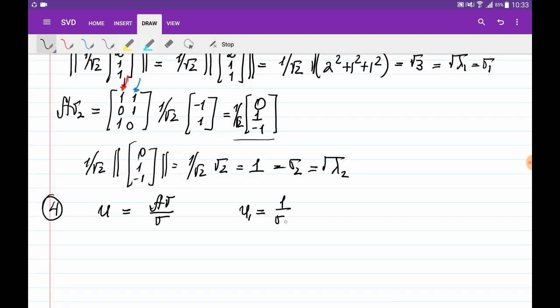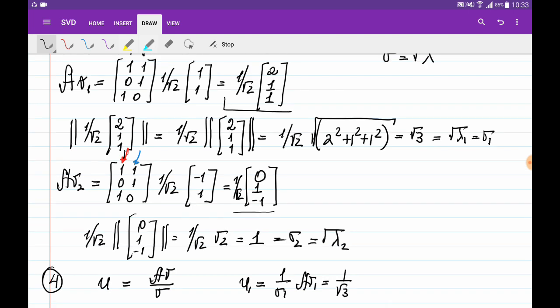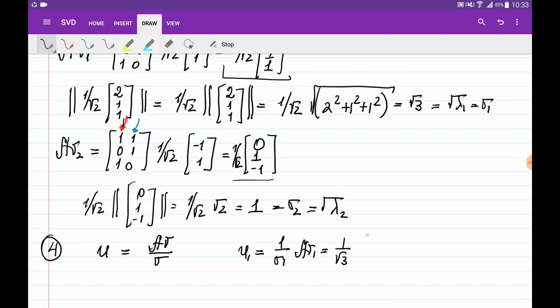So 1 over sigma 1 multiplied to the AV1. So sigma 1 was square root of 3, AV1 was this vector. So we put this here, 1 over square root of 2 multiplied to the 2, 1, 1, which will be equal to the 1 over square root of 6, 2, 1, 1.